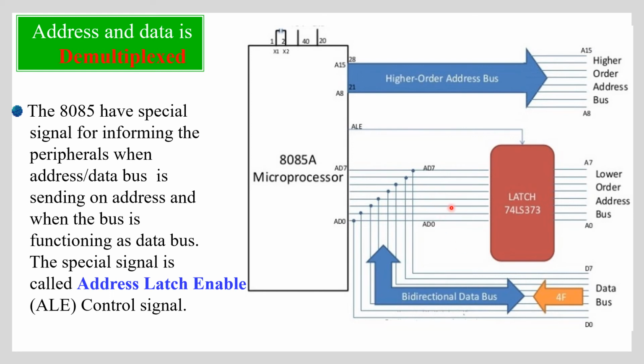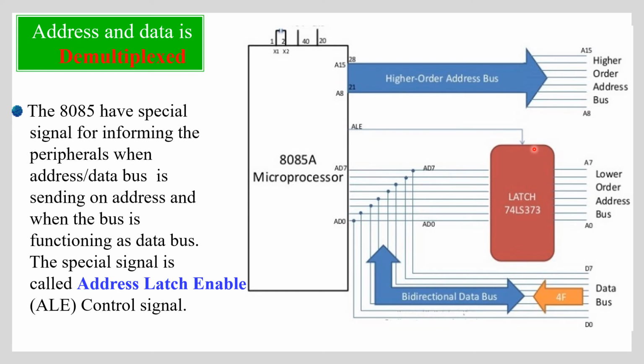In executing an instruction, during the earlier part of the cycle these lines are used as the lower address bus. During the later part of the cycle, these lines are used as the data bus. The 8085 has a special signal called ALE, that is, address latch enable, for informing the peripheral whether the lines are sending the address or functioning as the data bus.